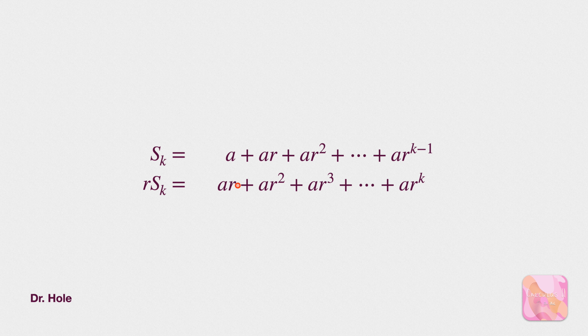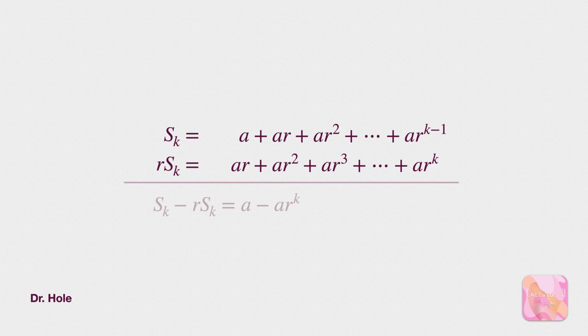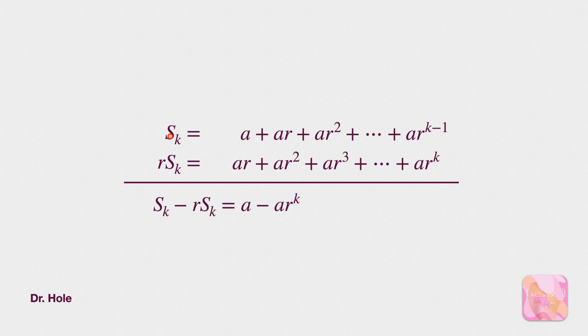Oh, well, if we have representation in the second line as well as the first line, and we take the difference of these two quantities, we produce lots and lots of cancellation. So take the top row minus the second row, and everything cancels out except for the very first term in the top row and the very last term in the bottom row. So after everything cancels out, we're left with just the first term from the first row and the very last term from the second row.